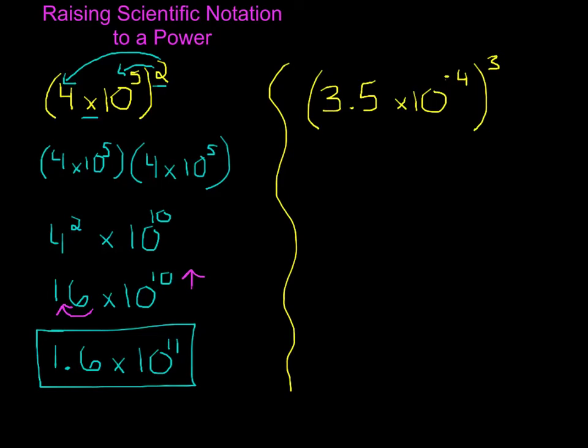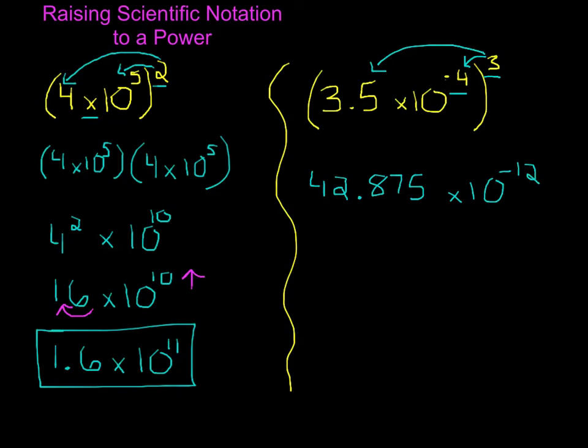Alright, second example. Scientific notation to a power, we just get to apply the outside power to both. So 3.5 to the 3rd power is 42.875. And then times 10, multiply our exponents, negative 4 times 3 is negative 12.